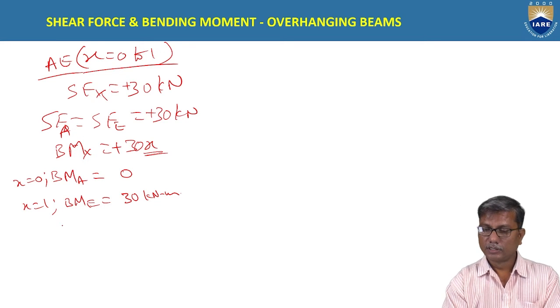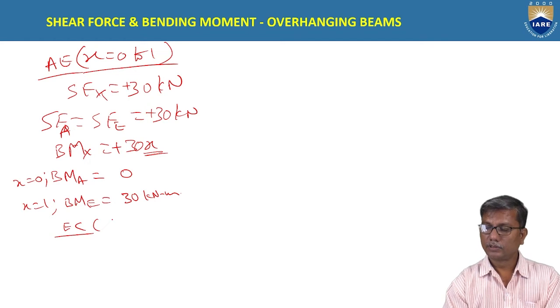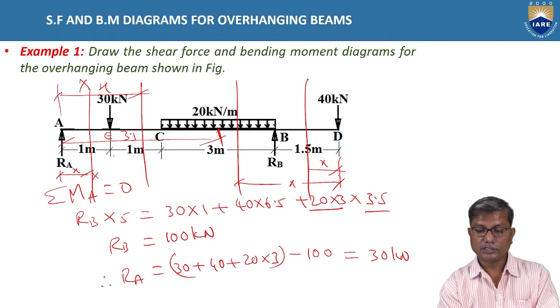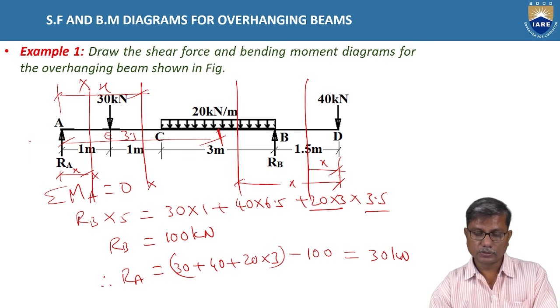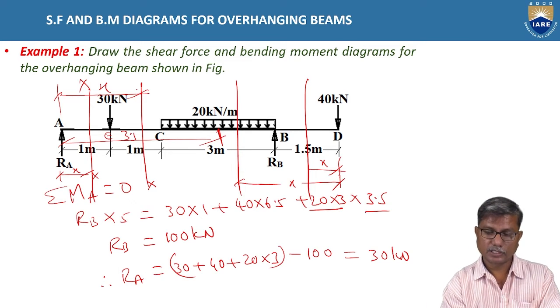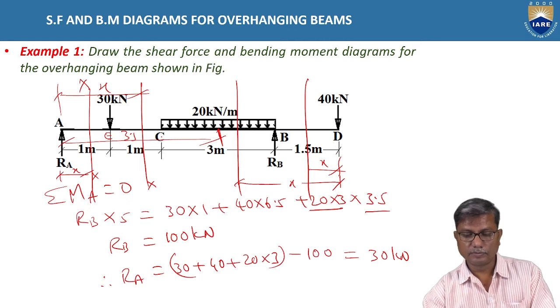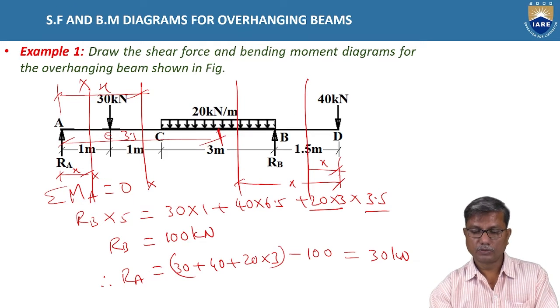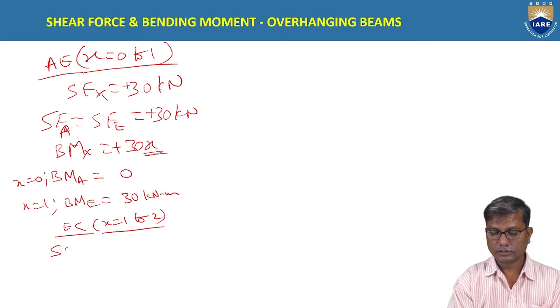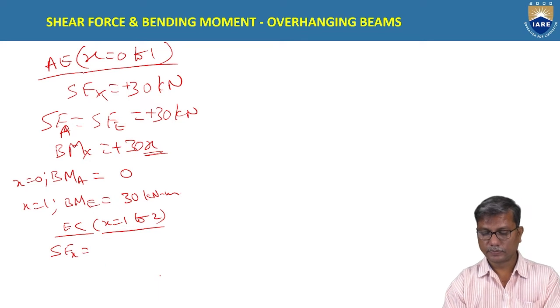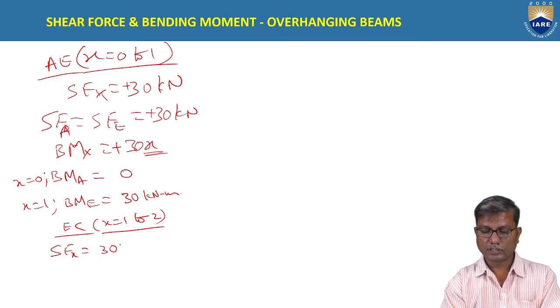Next, between points E and C, consider the section, and origin is from A again. So the limits for x are from 1 to 2. Coming to the shear force, RA minus 30.